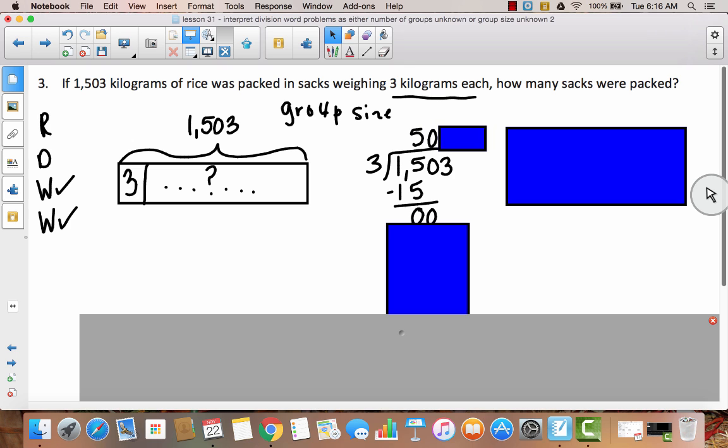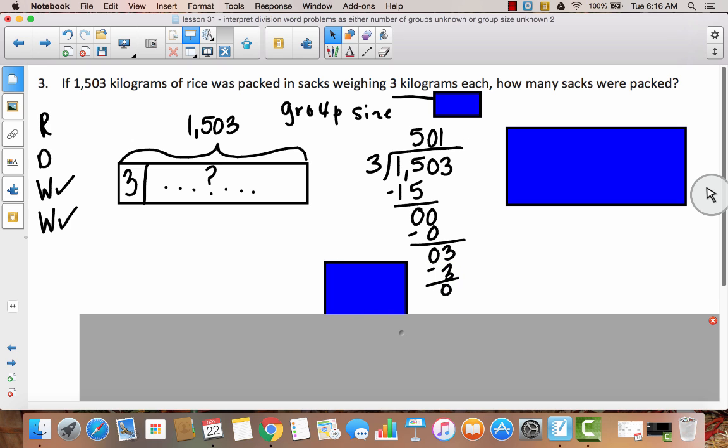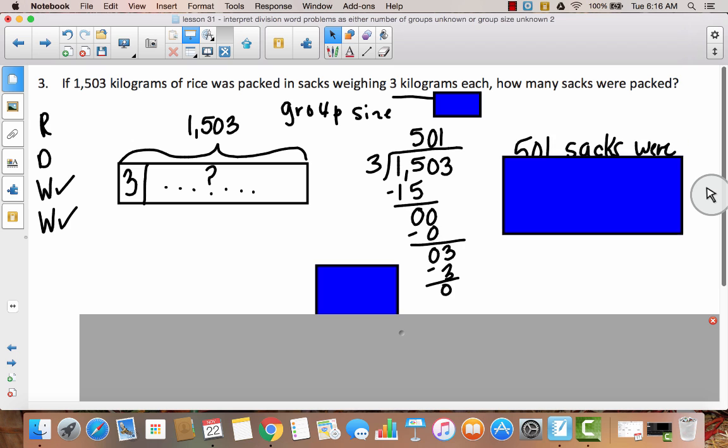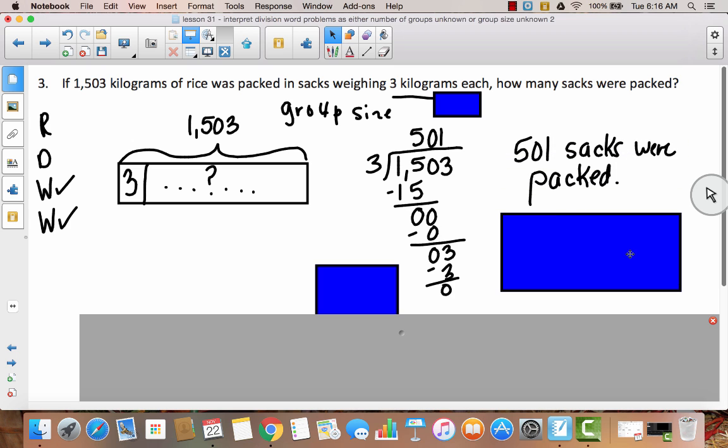So I had to put a 0 up here in my quotient. So 0 times 3 is 0, so again I have 0. Then I was ready to divide my 3 ones, and 3 ones divided by 3 is 1, and 1 times 3 is 3, so I had no remainder. So how many sacks were packed? 501 sacks were packed. That rhymes, doesn't it?